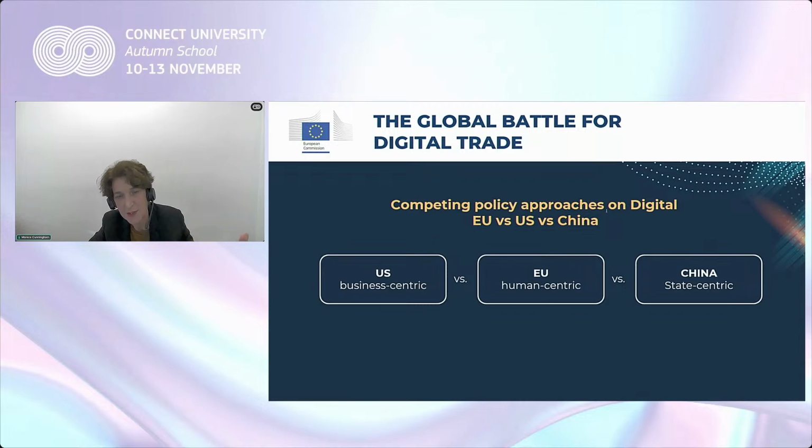By contrast, the US approach has traditionally been to focus less on regulation and let business determine the rules of the game. On the other hand, China has had a more significant focus on a state-driven regulatory model. This is an interesting background to digital trade. Moving to the next slide.